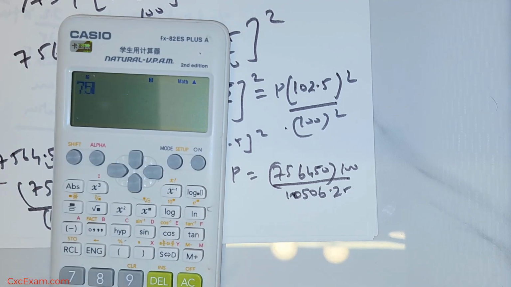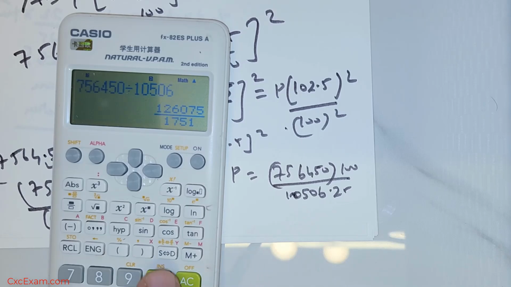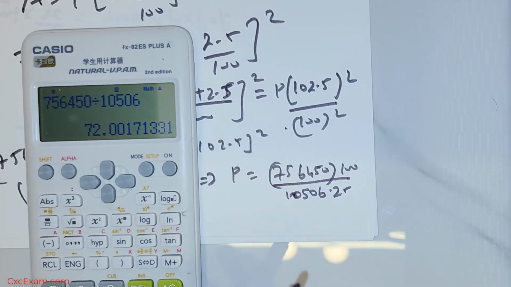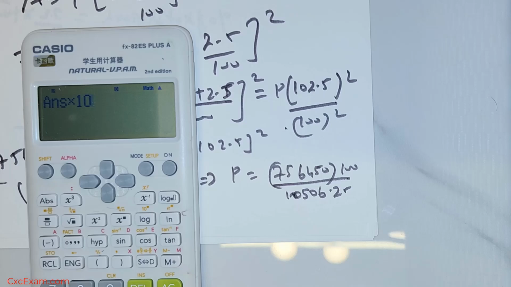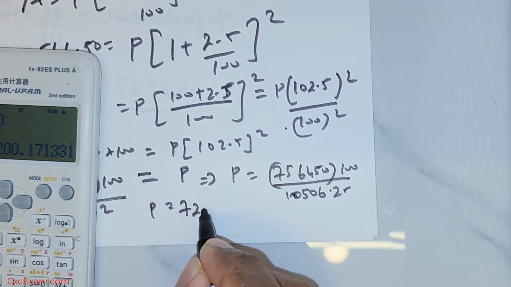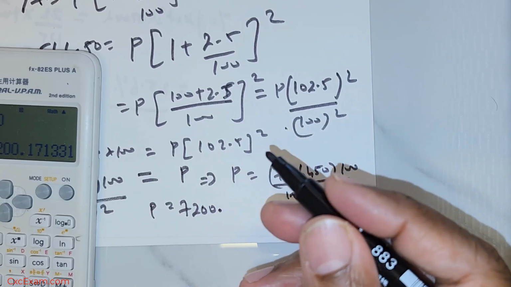So key in the value 756450 divided by 10506. So this is what you get. Now this has to be multiplied by 100. So what do you get? So P is equal to 7200.17.